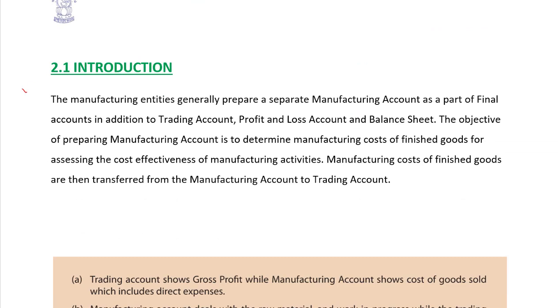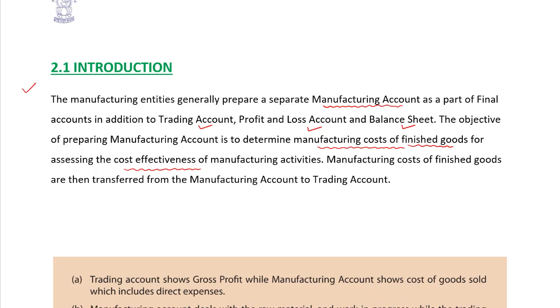Introduction. The manufacturing entities generally prepare a separate manufacturing account as a part of final account in addition to trading account, profit and loss account, and balance sheet. The objective of preparing manufacturing account is to determine the manufacturing cost of finished goods, for assessing the cost effectiveness of manufacturing activities.